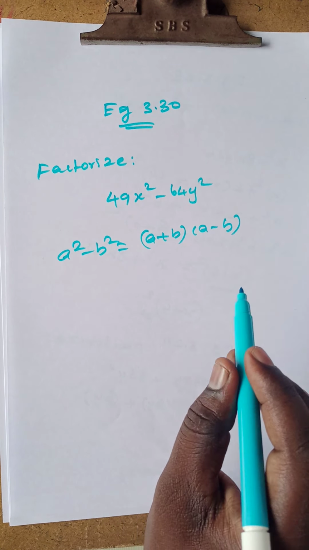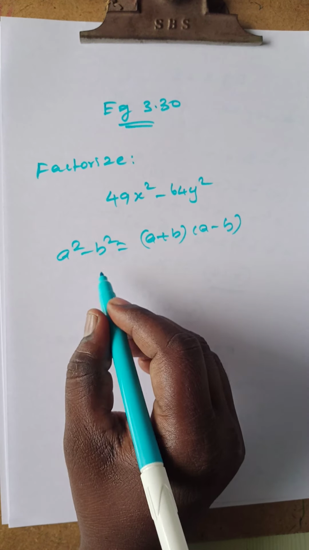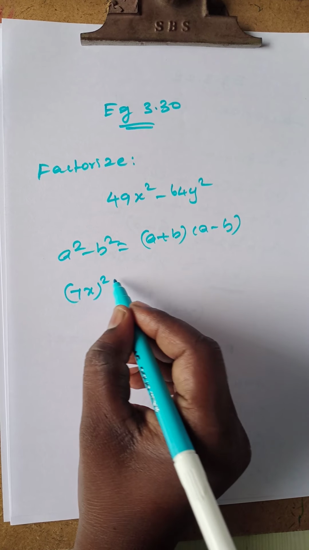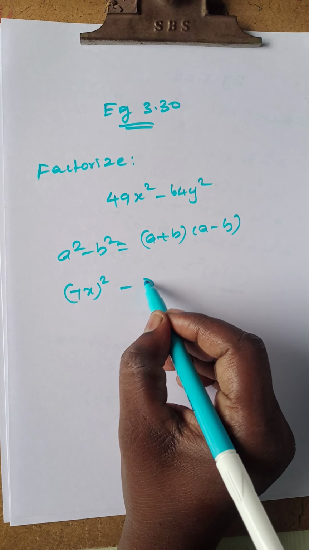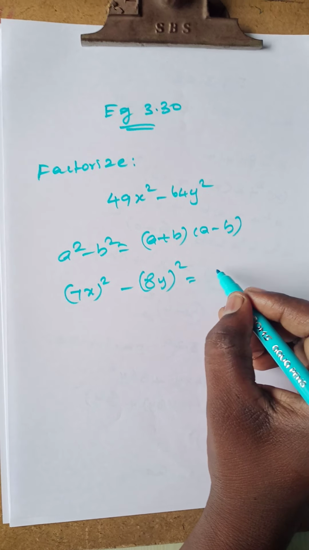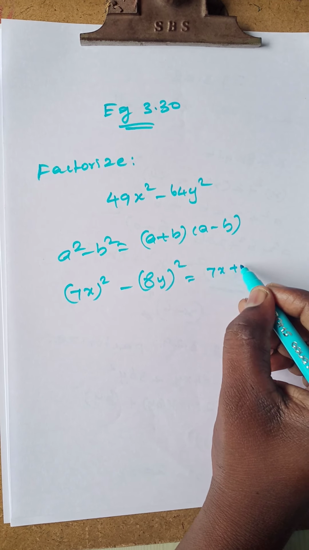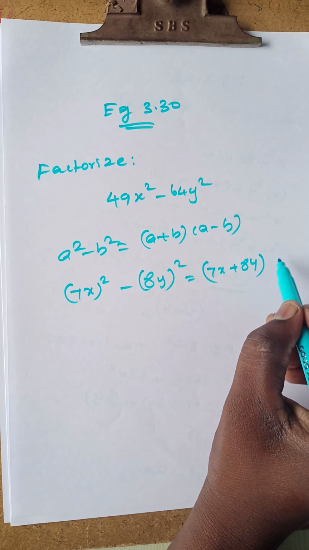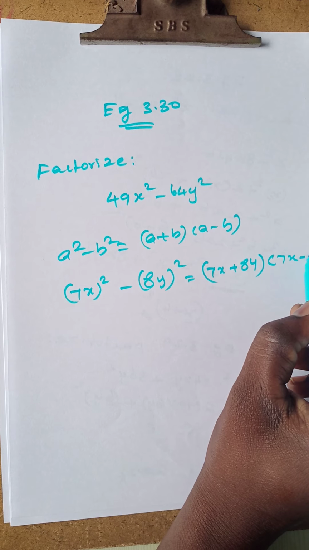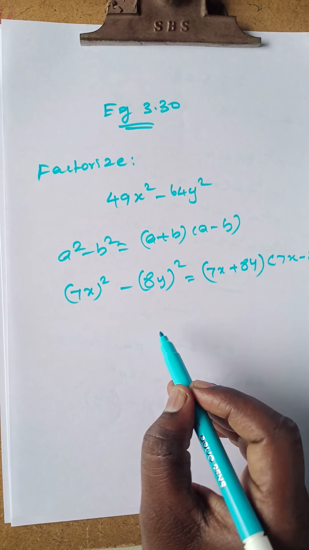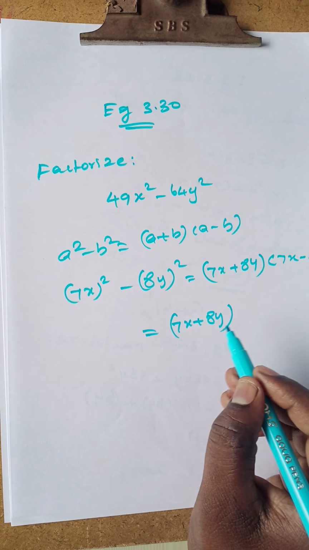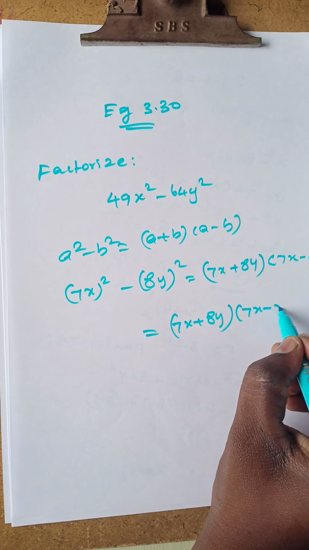Understand? Therefore we can write 7x the whole square minus 8y the whole square. So one factor is 7x plus 8y, and the other factor is 7x minus 8y.